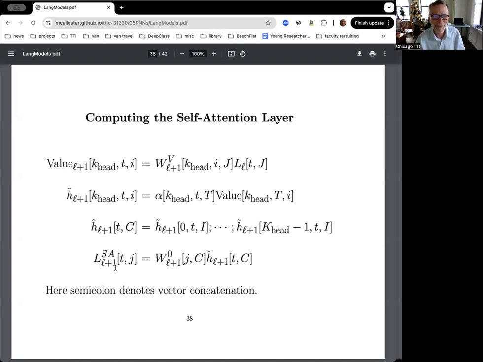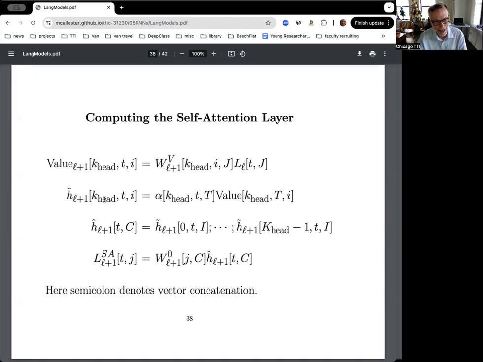Okay, once I have that attention, each position also has a value. And that value is also computed by a matrix times the vector. Then, given the attention, I take this attention as a convex combination and I compute the convex combination. This is like a weighting now.